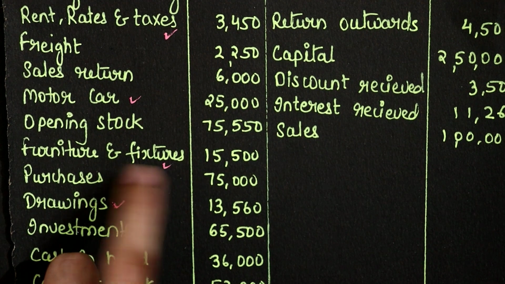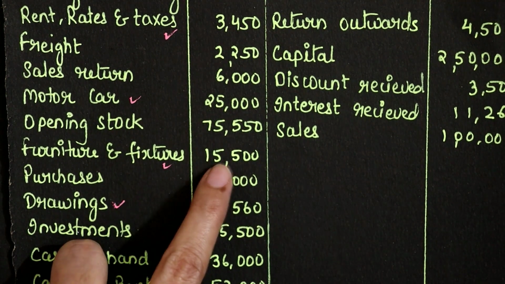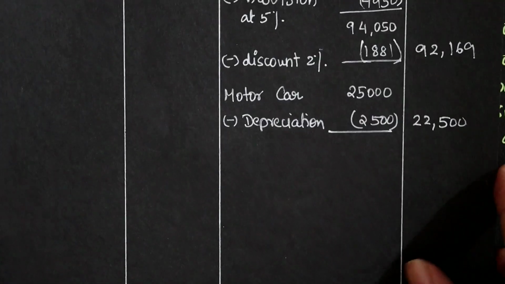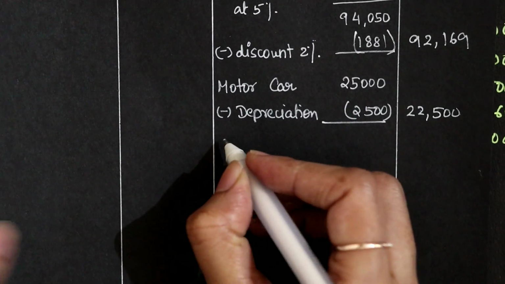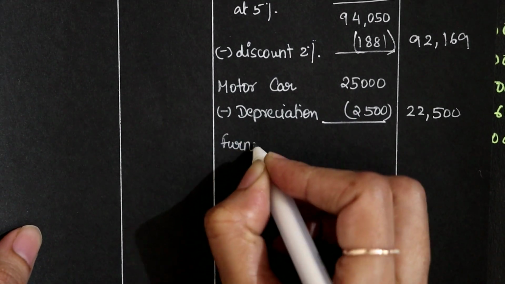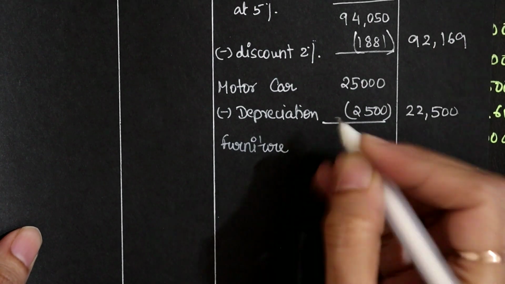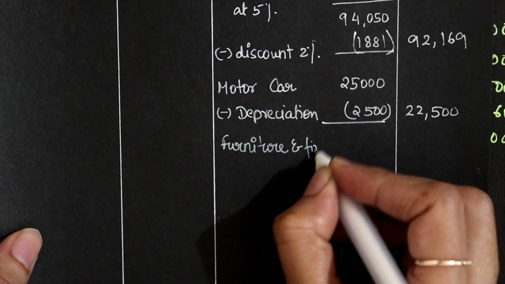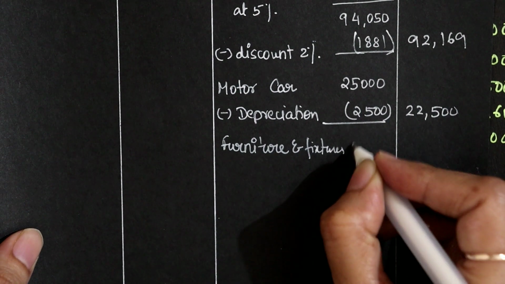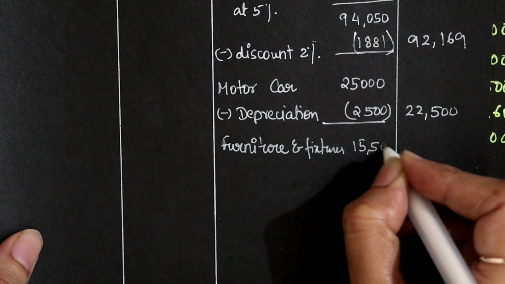Furniture and fixtures, this too has an adjustment. 15,500 is the value that should be written on the asset side. Furniture and fixtures, 15,500.